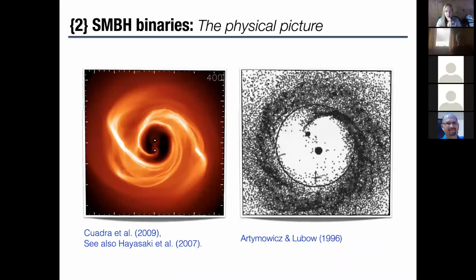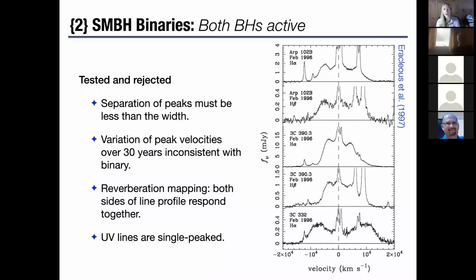And so you can imagine really two scenarios. And the first of these scenarios is that both black holes are active. And in that case, you might imagine you would see a source like this. So these are a class of quasars called double peaked emitters. And I'm showing you here their optical spectra for the Balmer lines.